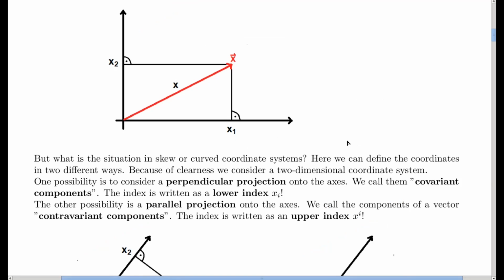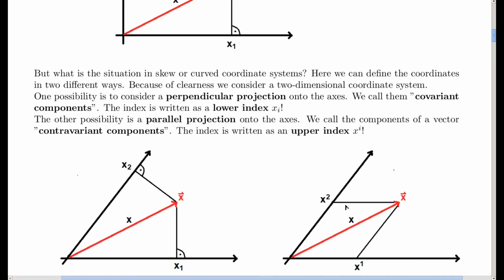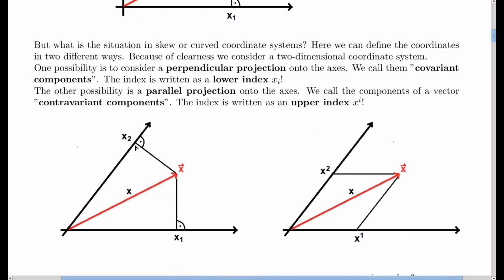But if we consider now a skew coordinate system, like here in the diagram, we can make a projection orthogonal to the axis. That means we have a rectangle here. So we get here x1 and here the x2 coordinate.